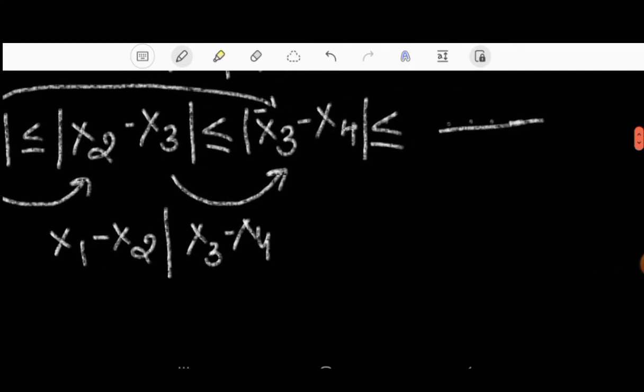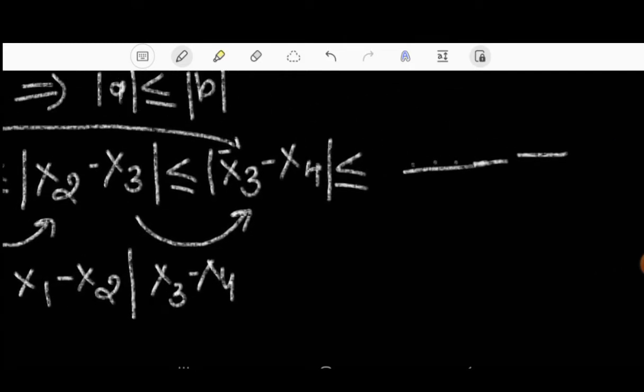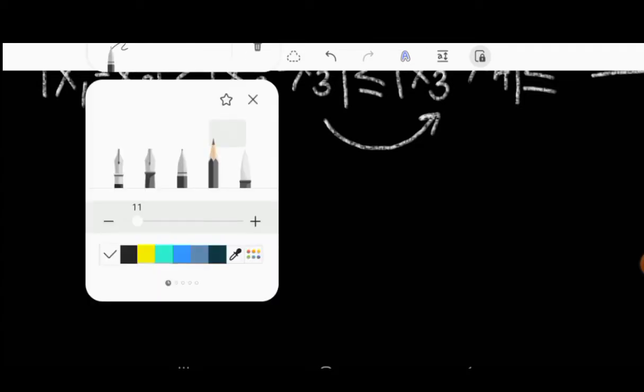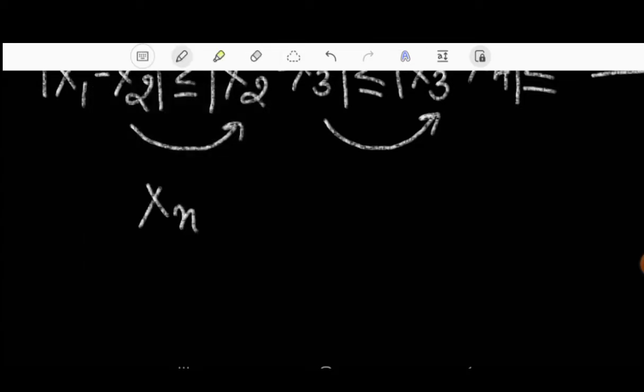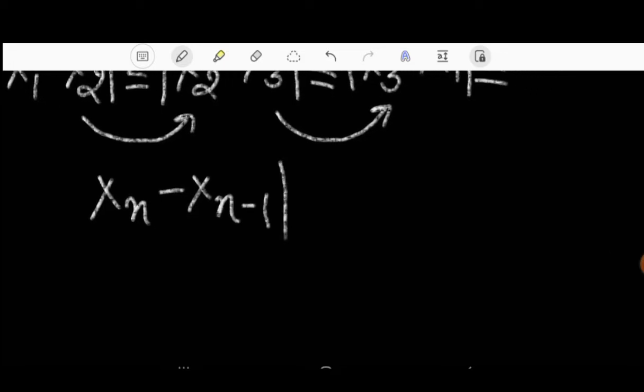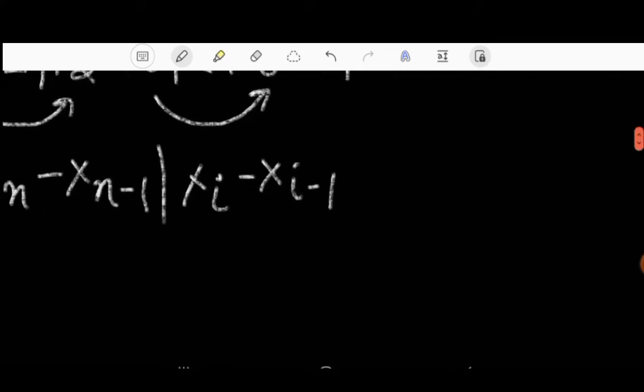And we know that this is an infinite sequence, so we can generalize this statement and say that any two consecutive terms will divide another two consecutive terms, where the condition over the index is that i must be greater than n.